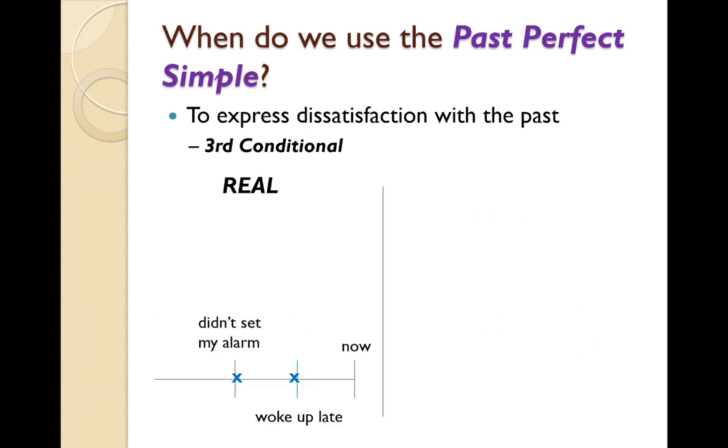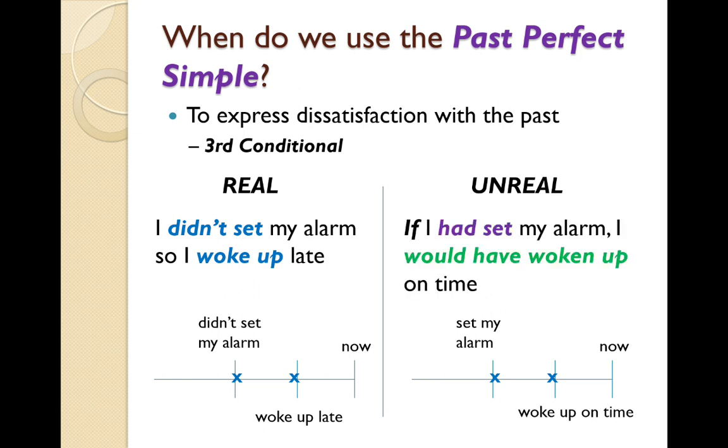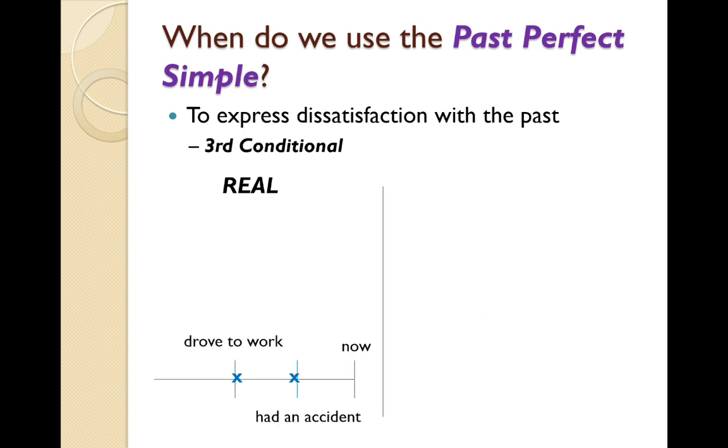So I have another one. Didn't set my alarm, woke up late. I didn't set my alarm, so I woke up late. So I'm imagining now a different reality where I set my alarm and I woke up on time. If I had set my alarm, I would have woken up on time. In reality, drove to work, had an accident.